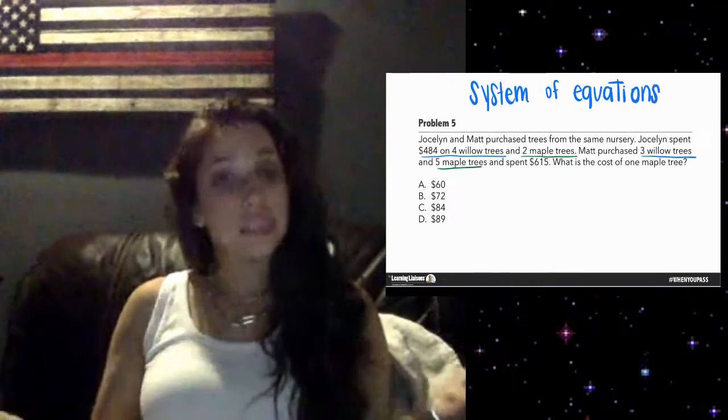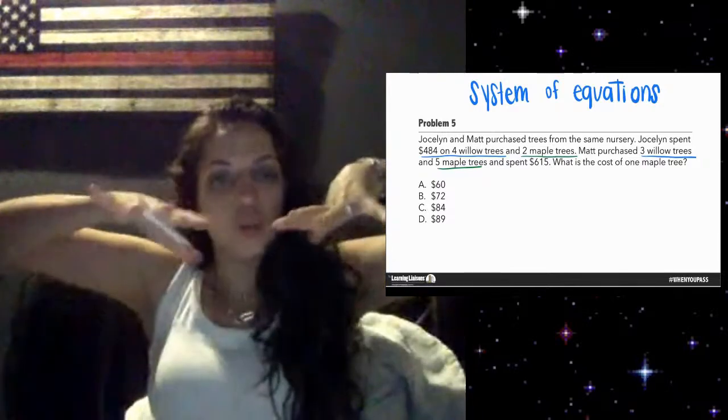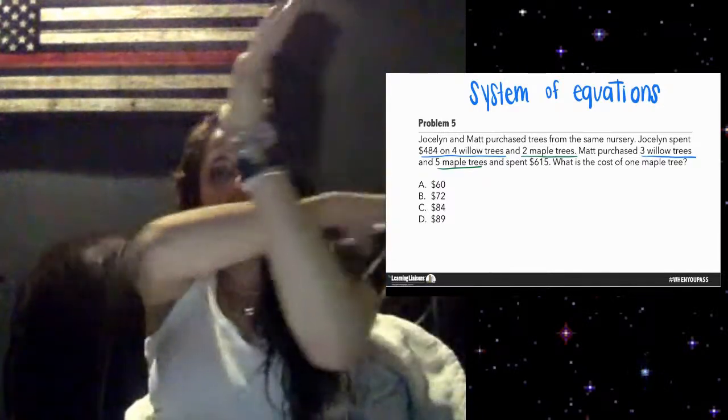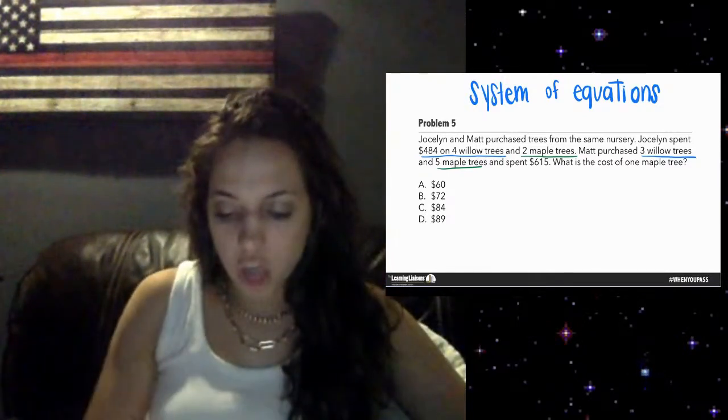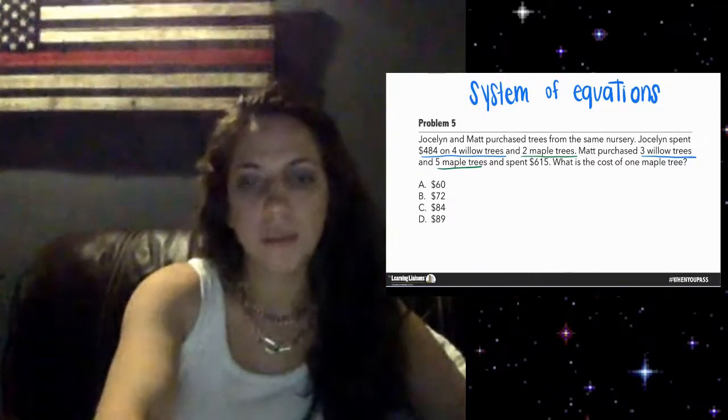A system of equations is when we have two lines working together and we're trying to find their intersection point. So what is the cost of one maple tree?